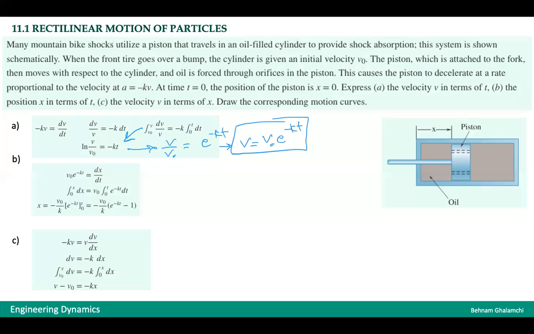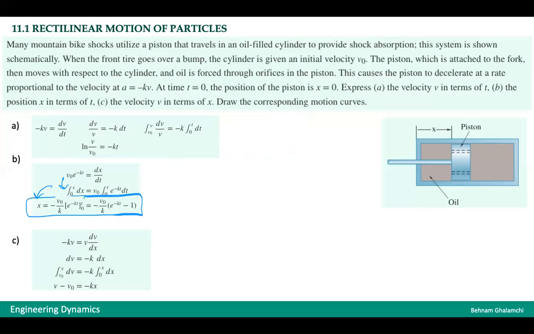Part B is asking to determine the displacement. Velocity we still know: it's dx over dt. We already found v in the previous line. Just put it there, do the integral, and then solve the integral. That will be the solution for the displacement.